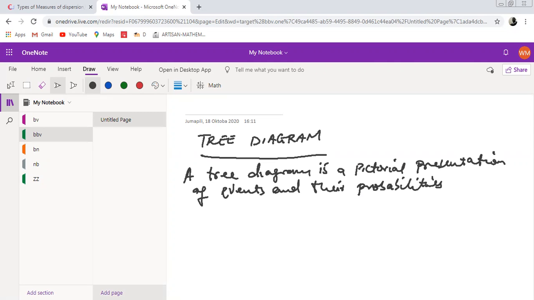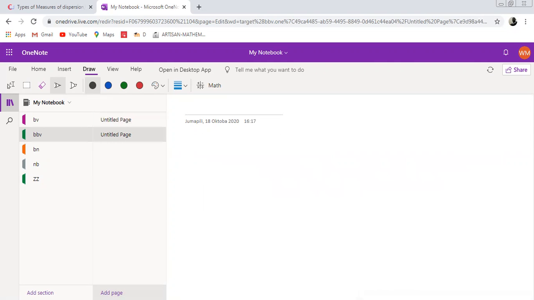Let us have an example. Maybe a coin is tossed three times. And now you are told, can you draw a tree diagram to show all the possible outcomes and their probabilities?